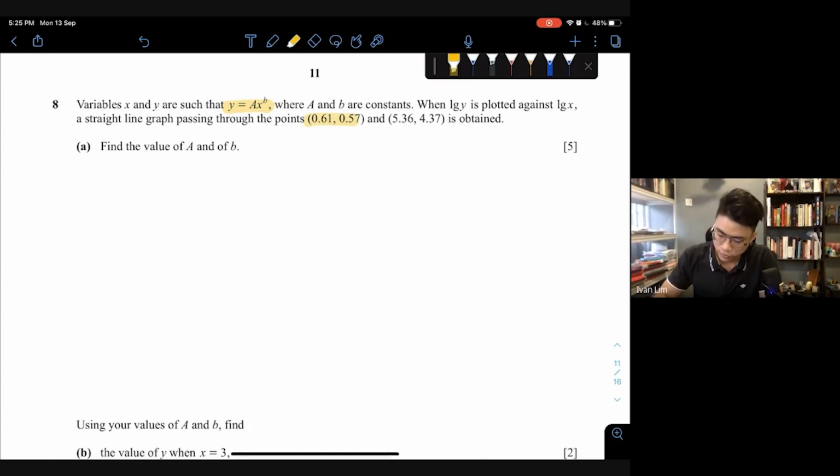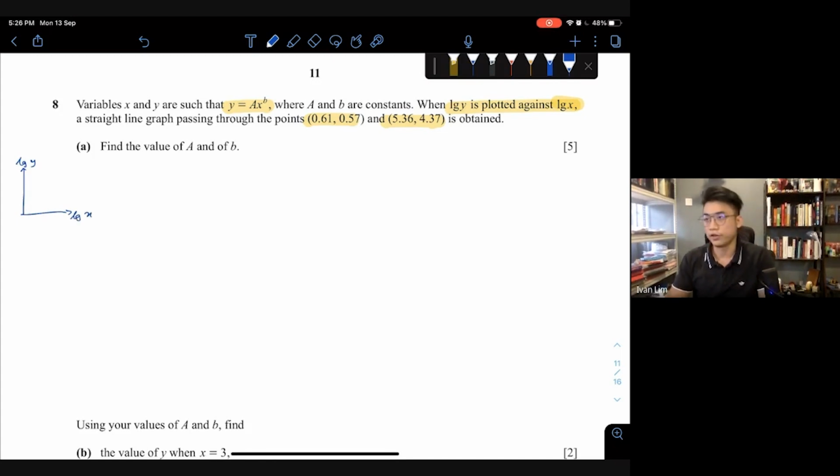Log y against log x. Find the value of a and of b. This is a 5 marks question.